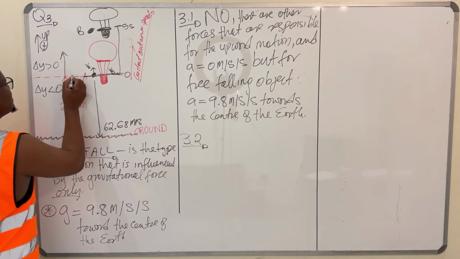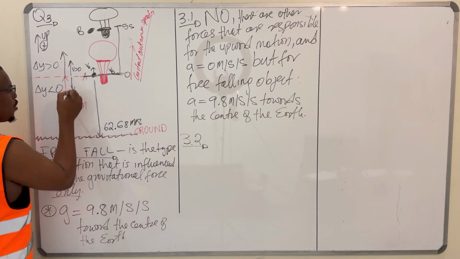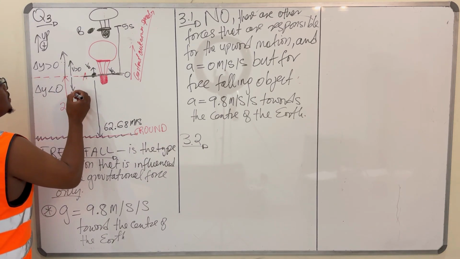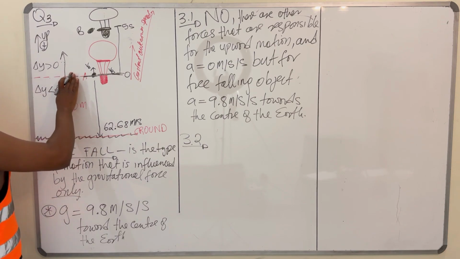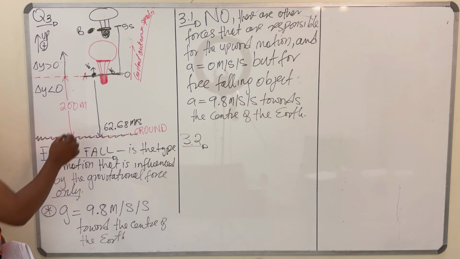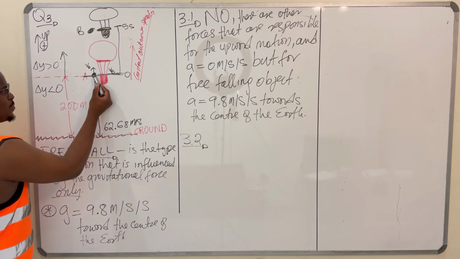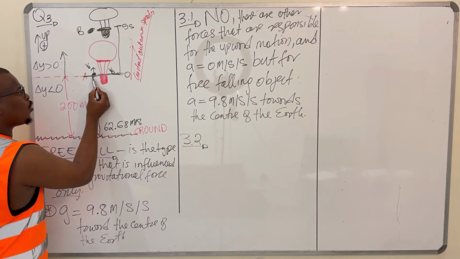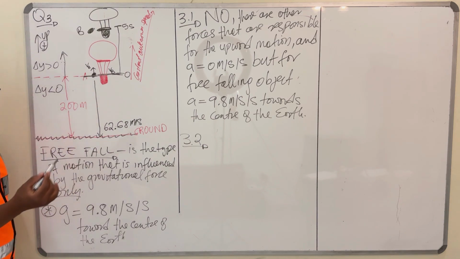And all velocities going upwards, I take them to be positive, and all velocities going downwards negative. So at this point, all velocities that are going up are positive, and all velocities that are going down are negative. So the initial velocity of this ball should be positive, because this ball will first go up with the initial velocity that is the same as that of the hot air balloon, right?